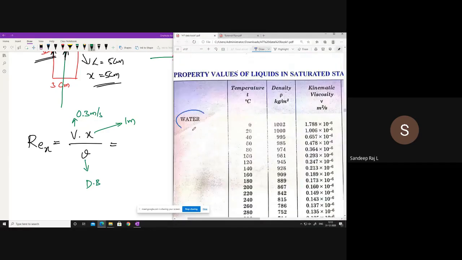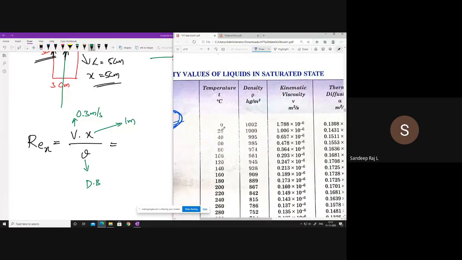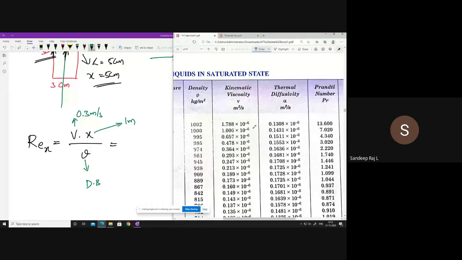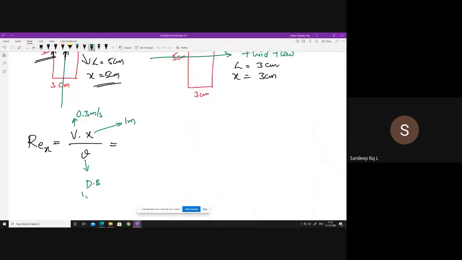In the data book, move to page number 30. You will find the properties of water, and at 20 degrees centigrade you need the nu value, that is the kinematic viscosity value. It is 1.006 into 10 to the power of minus 6 meters square per second. Page number 30.